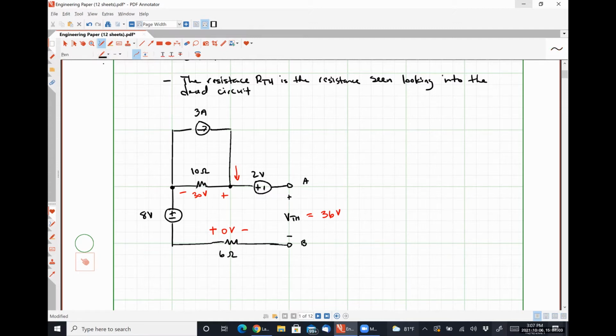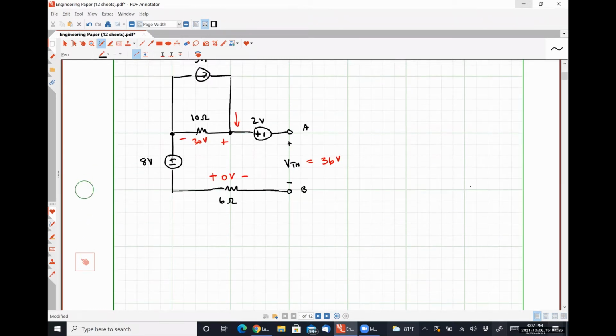And that's done with a live network, meaning all of our sources are left on. When we determine our Thevenin resistance, we have to be looking at a dead network, which means all of our independent sources need to be turned off. So what should that network look like? How do I turn off my current source? Open circuit, all right?